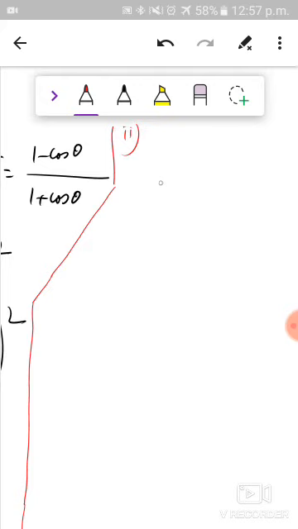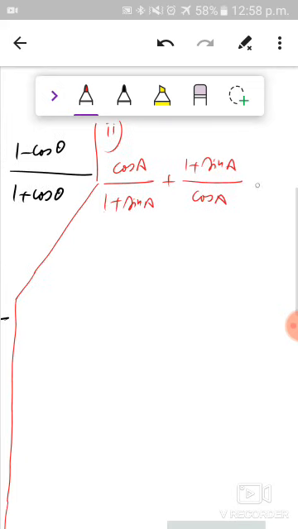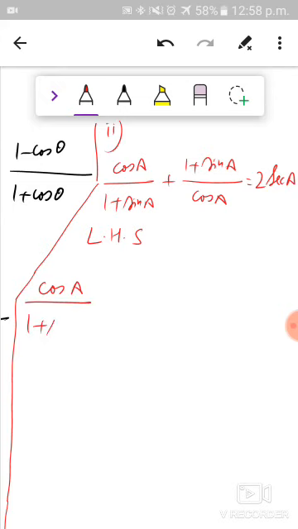That is cos A by (1 plus sin A) plus (1 plus sin A) by cos A, we need to prove that it is equal to 2 sec A. Okay, let us take the left hand side, that is cos A by (1 plus sin A) plus (1 plus sin A) by cos A.